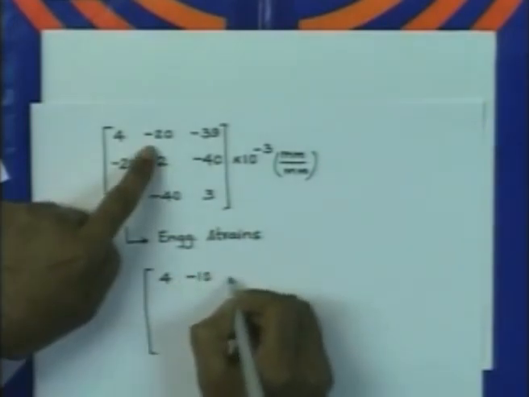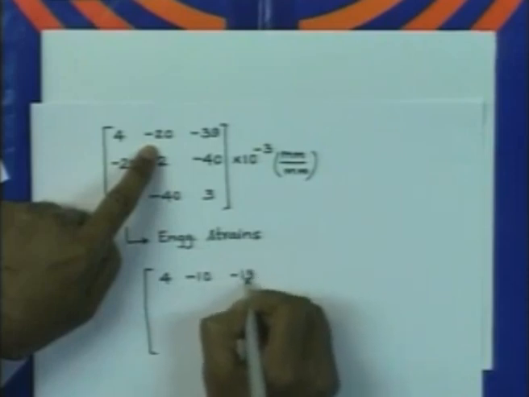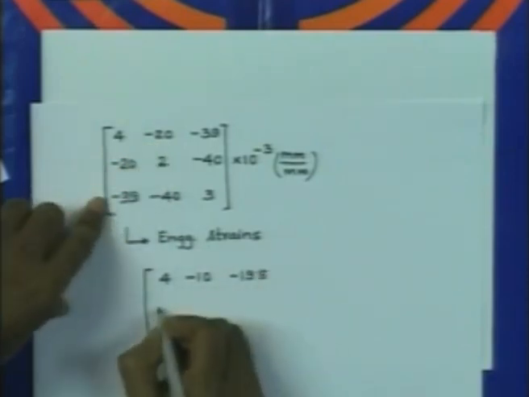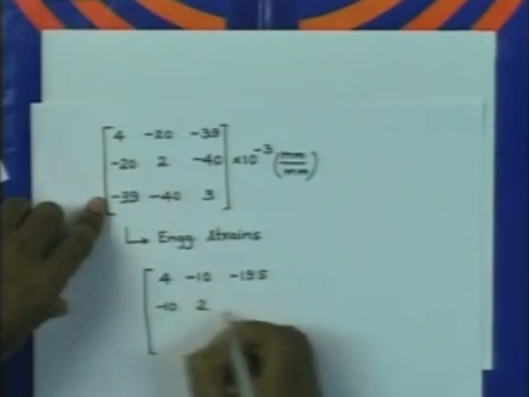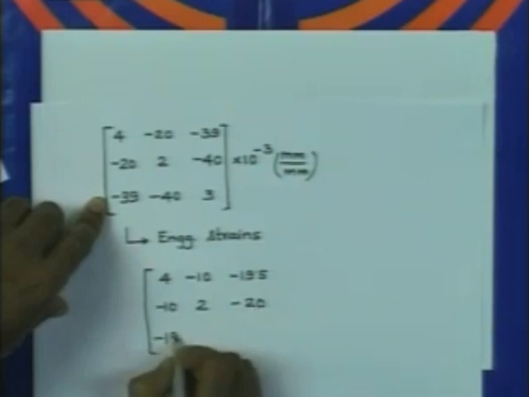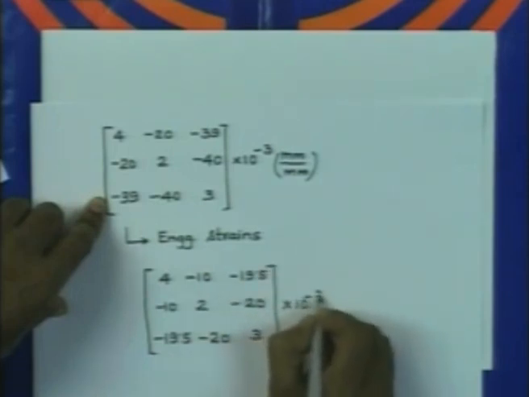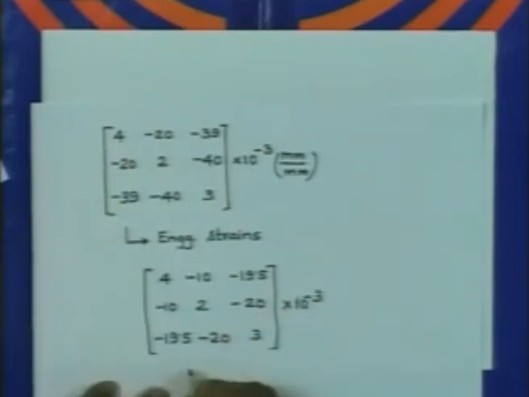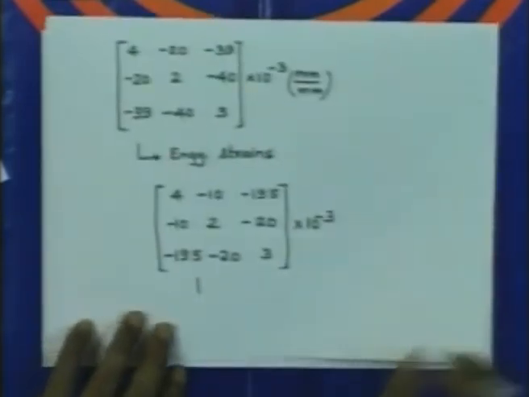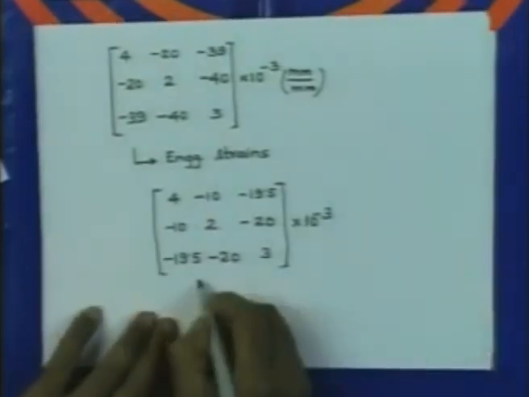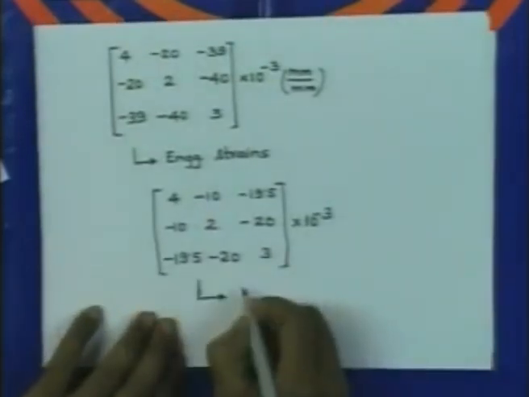So it is 10, minus 19.5, minus 10, 2, minus 20, minus 19.5, minus 20, 3, multiplied by 10 to the power minus 3. This is the strain tensor at point P.